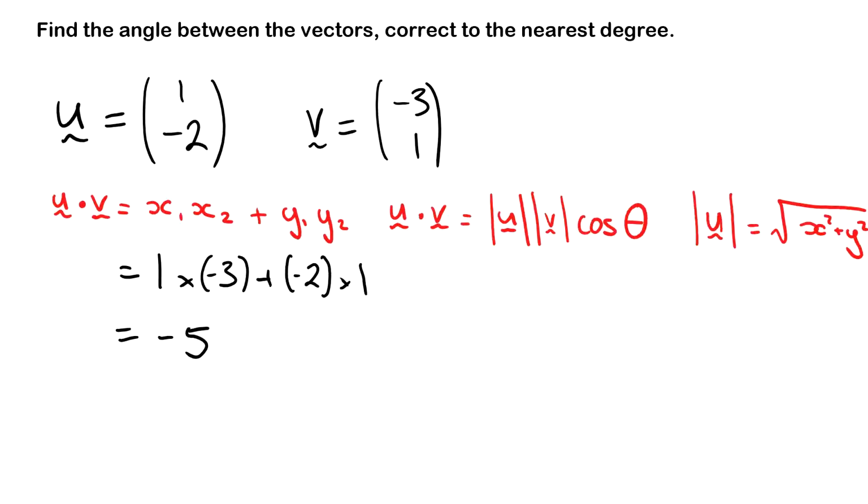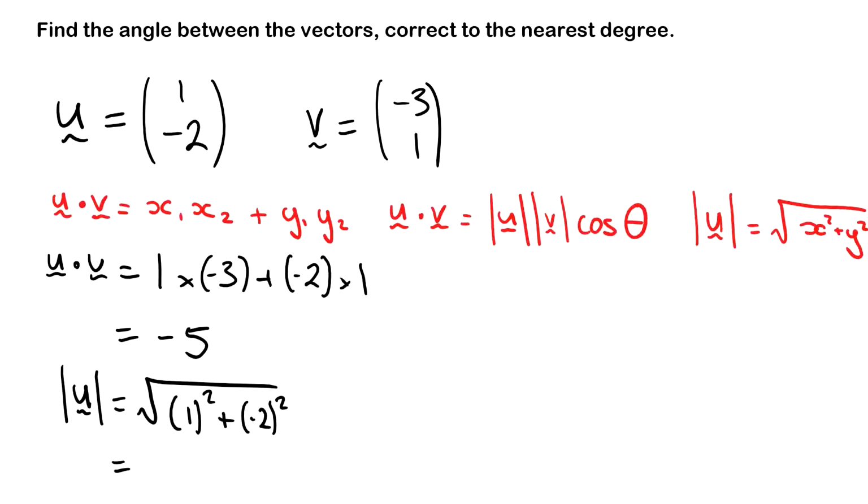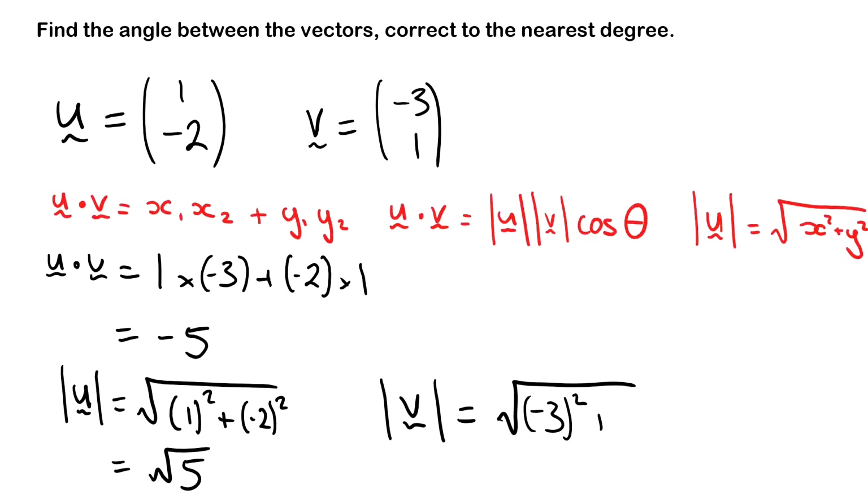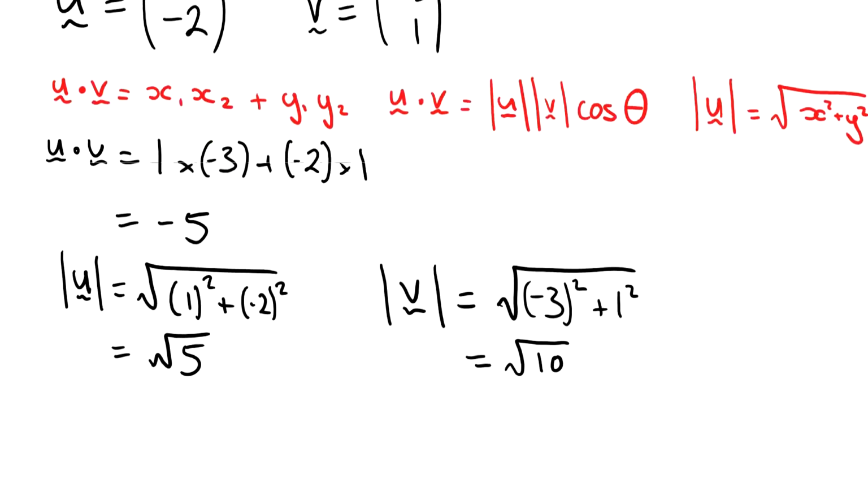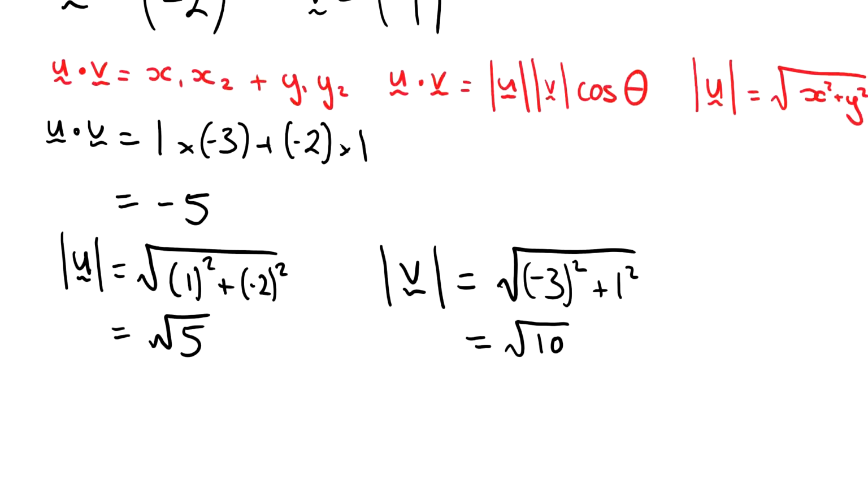We then need to find our magnitude for u, which is √5, and our magnitude for v, which is √10.